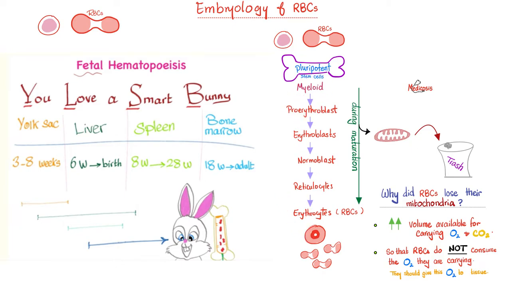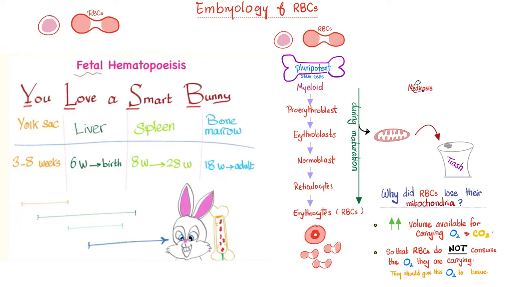What happened then? Well, remember that the most important function of your red blood cell is to give oxygen to other tissues, which means this oxygen molecule has to occupy some space on the hemoglobin. And the hemoglobin itself has to occupy some space. And since we live in a world of limited resources which have alternative uses, we have to economize.